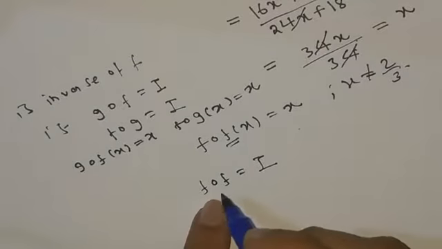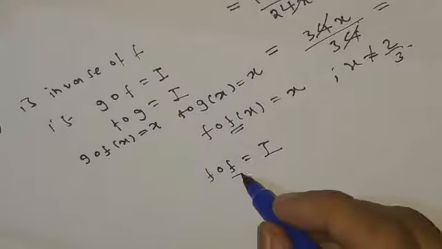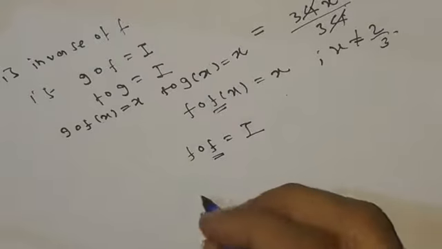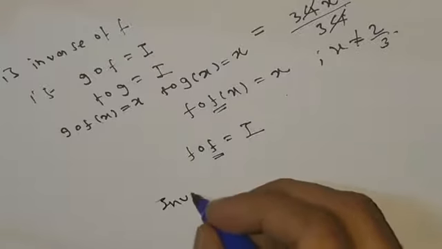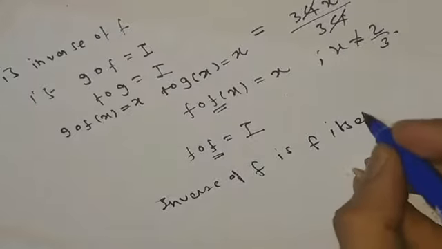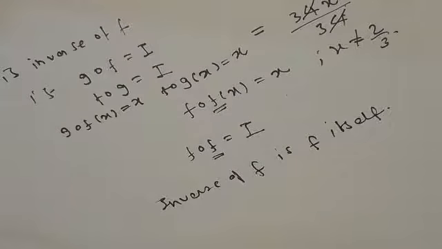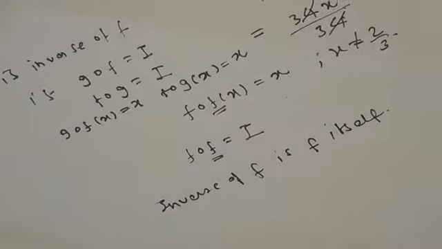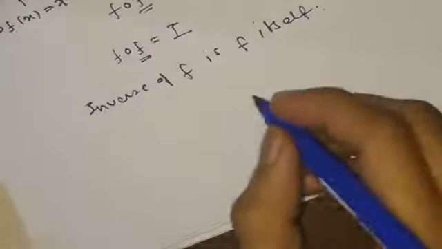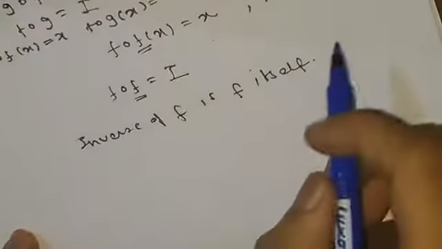So what you are getting is the function f is inverse of the function f itself. Okay. So the inverse of f is f itself. Okay. So you are getting the same function f as the inverse of the function f. So that answers the second part of the question number 4.